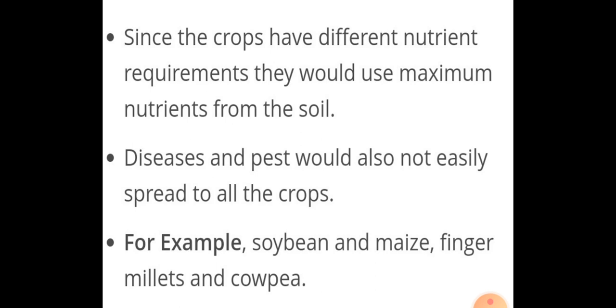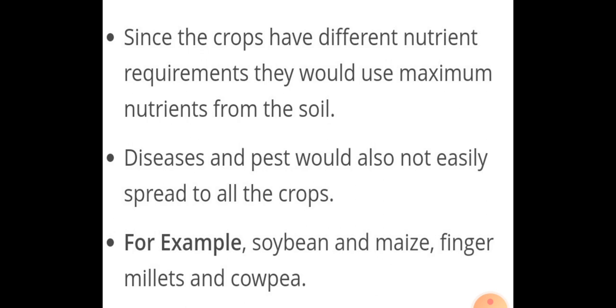Since the crops have different nutrient requirements, they will use maximum nutrients from the soil. But in case of mixed farming, you have seen the same fertilizer is used for all the crops. There is no specific requirement, but in intercropping it is there.